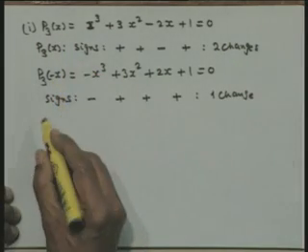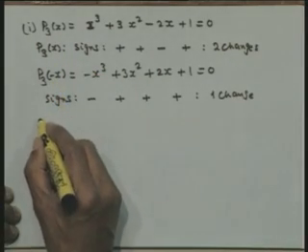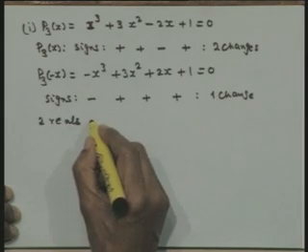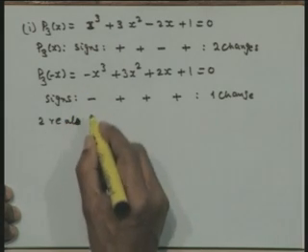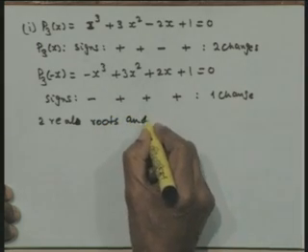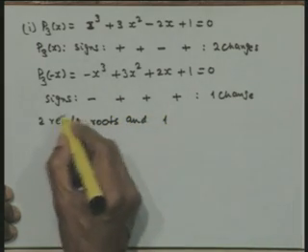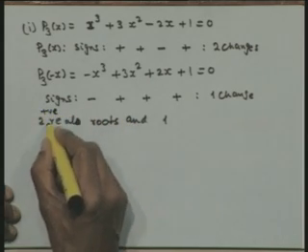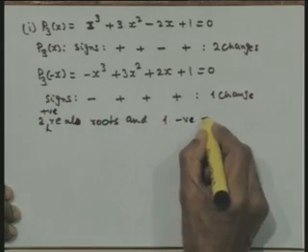Therefore we conclude for this particular polynomial, it has got 2 real roots, we will also say positive, and 1 negative real root.